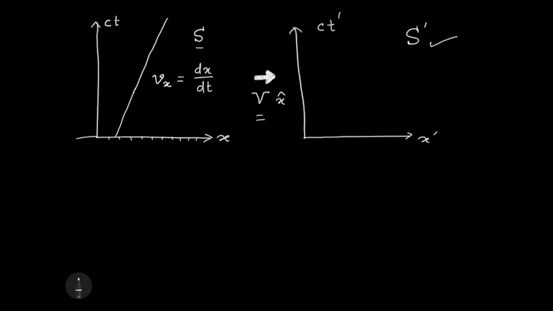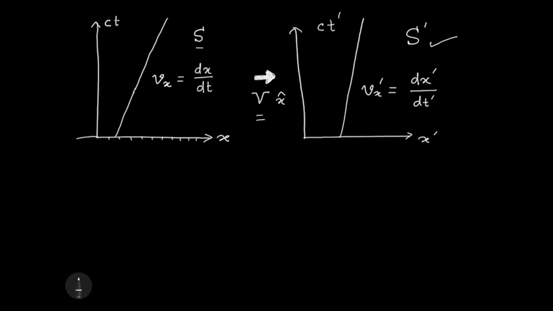But in general, the velocity will change, but it will move with a constant velocity. So let me draw another line with a different slope. This is the velocity of that person in this reference frame, Vx prime, and by definition it is how much it goes in x prime compared to how much it goes in t prime.